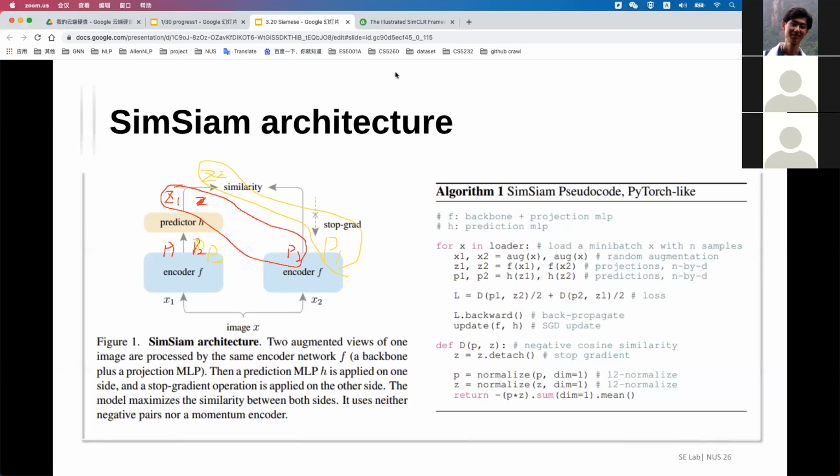I think the predictor here is more like, but how does it compare to? In this case, if we have two inputs x1 and x2, and we feed them into the network, we have the similarity of x1, x2, and x2, x1.